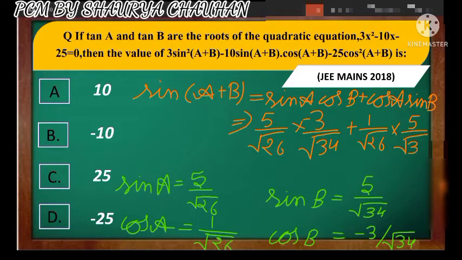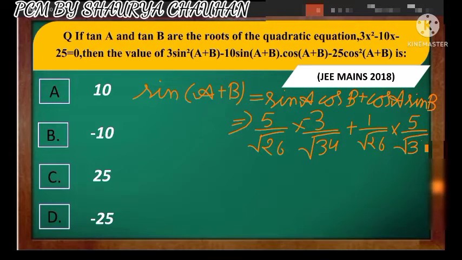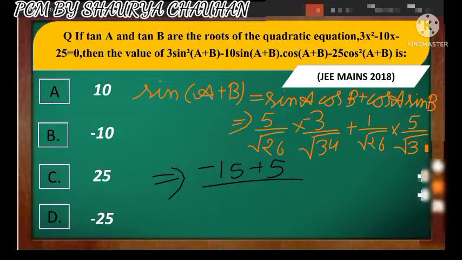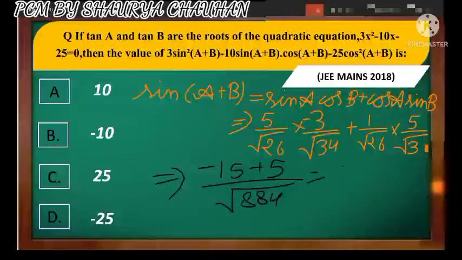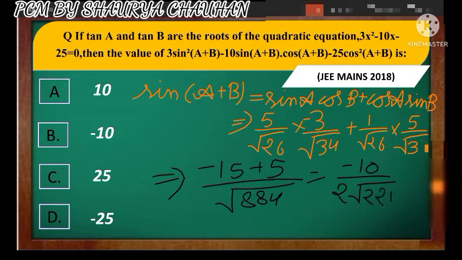The value of sin(A+B) will come out to be (minus 15 plus 5) divided by root over 884. Now it becomes minus 10 upon 2 root 221, so it becomes minus 5 divided by root over 221.